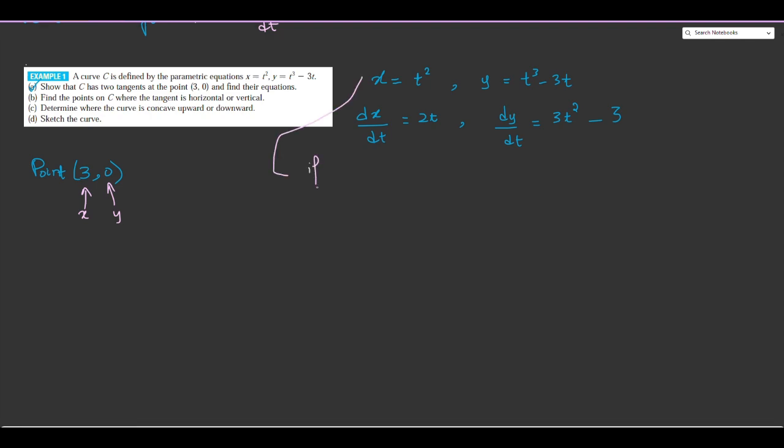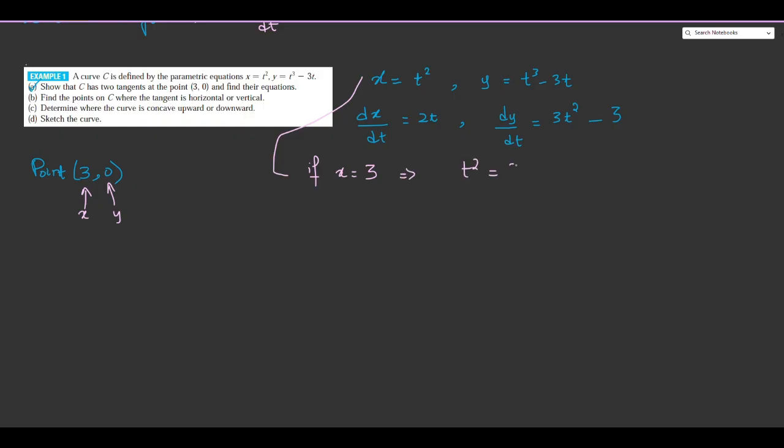If x equals 3, it implies t square equals 3, and that will give us two values of t, which is plus minus square root of 3. If y equals 0, then the second equation gives t cube minus 3t equals 0.